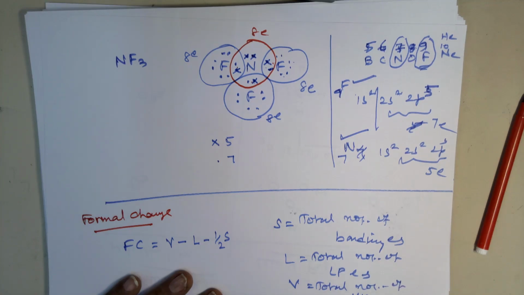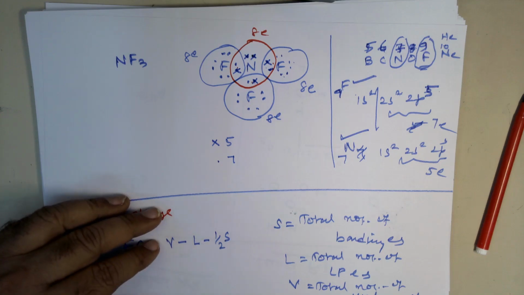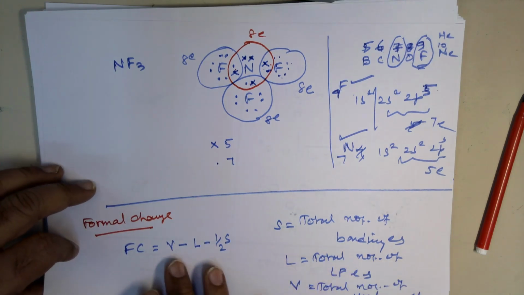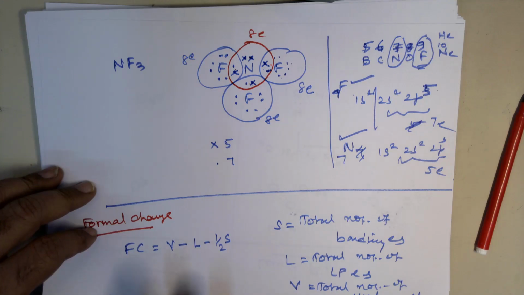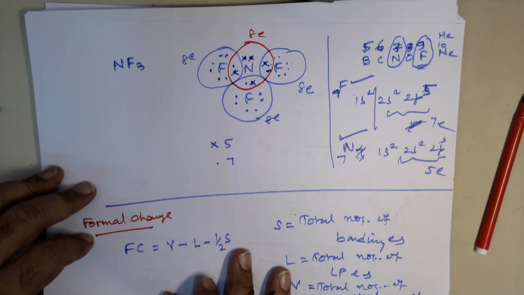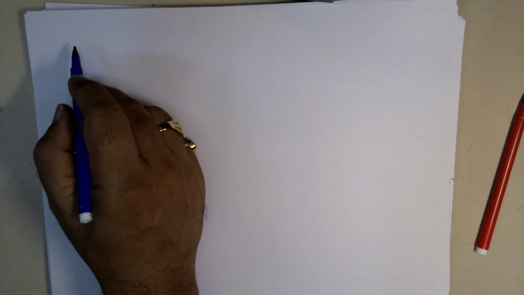So that is called FC. So FC is nothing but total number of valence electrons minus the lone pair of electrons minus the half of the bonded pair of electrons. So don't forget this formula. And based on that, you can work out the formal charges.